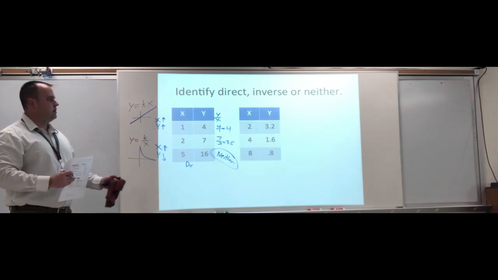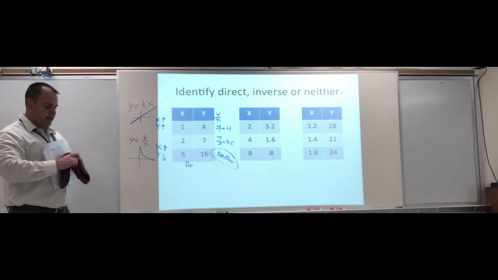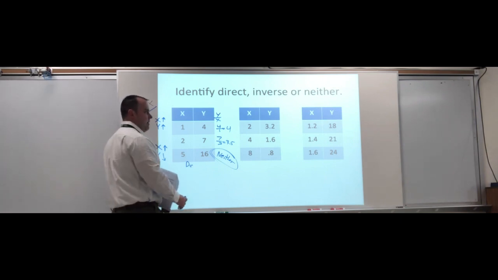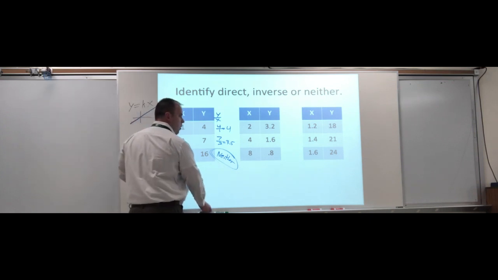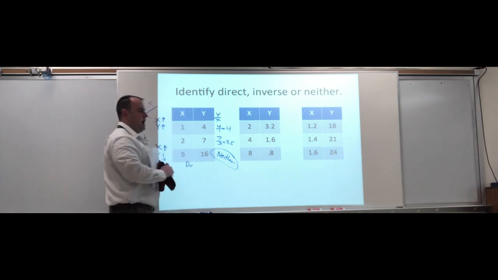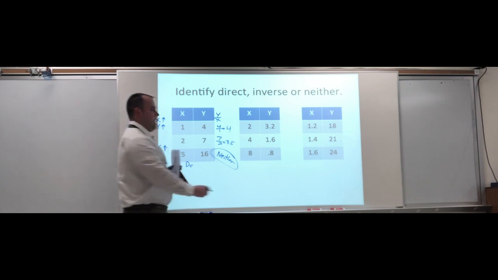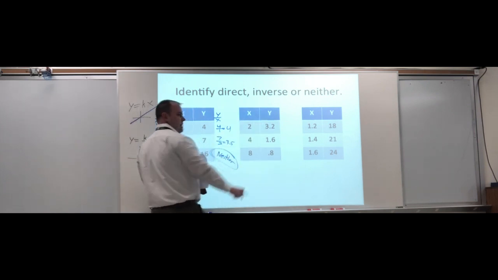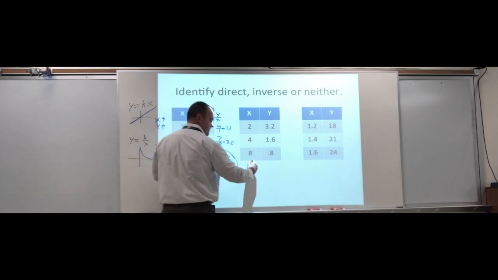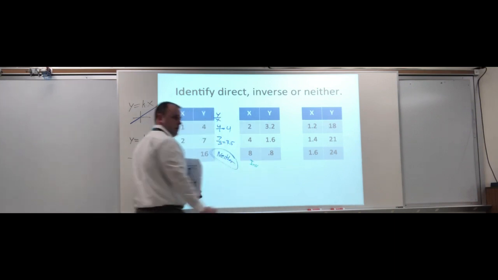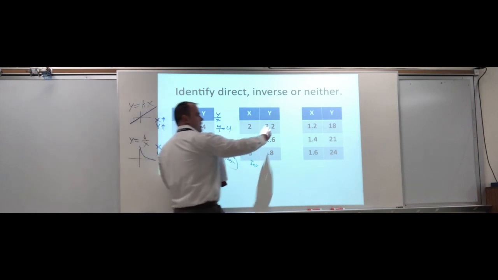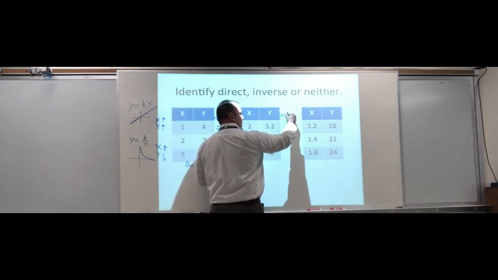Let's look at both of these here. For the next one, we have x is 2, 4, and 8, and we have y as 3.2, 1.6, and 0.8. So this time x is increasing, 2, 4, 8, but y is decreasing. It's getting smaller. So we're going to test to see if it is inverse. To test for inverse, we're looking at x times y.